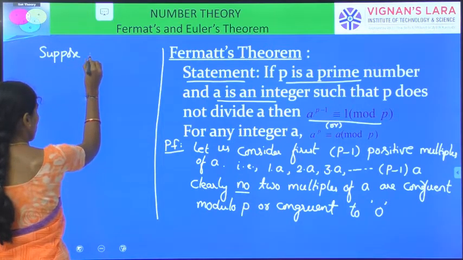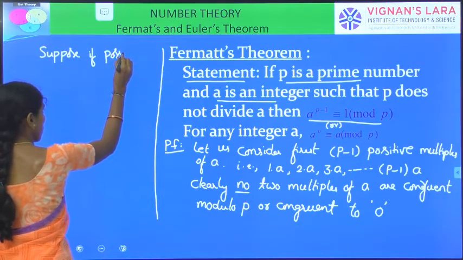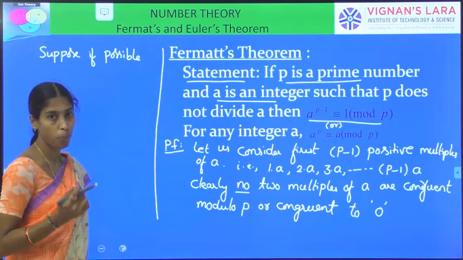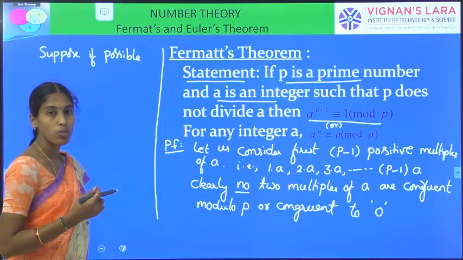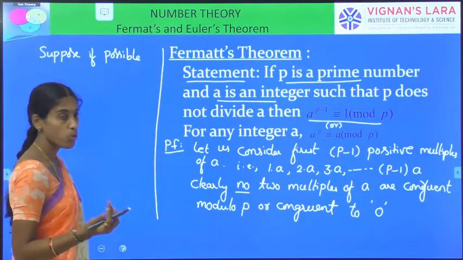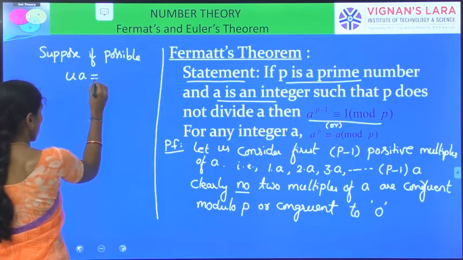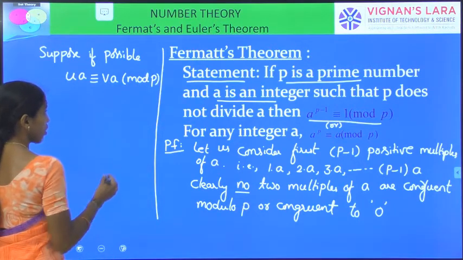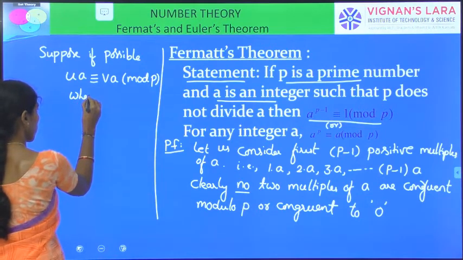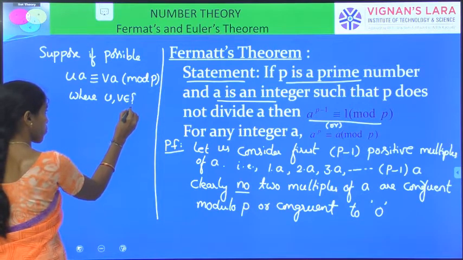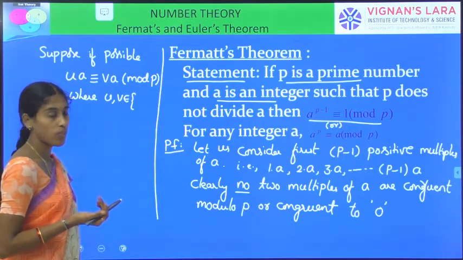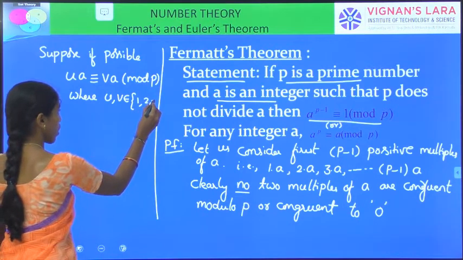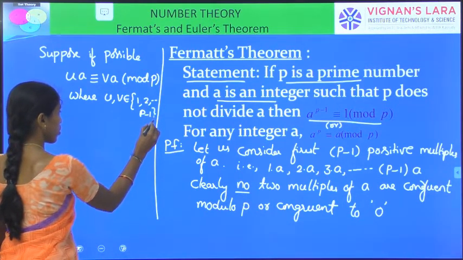Suppose, if possible, that two multiples of A are congruent modulo P. So UA is congruent to VA modulo P, where U, V belong to 1, 2 and so on up to P minus 1.